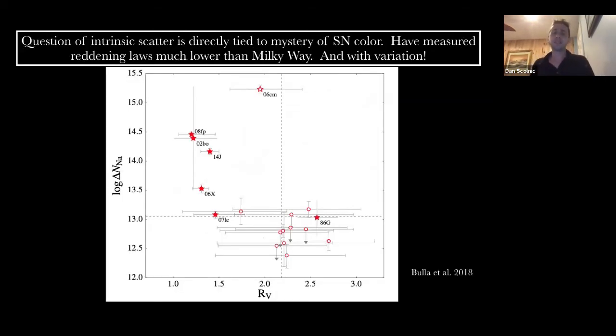All right, then there's this question of, well, what's going on with supernova colors? We know that even in the Milky Way, there's not a single R sub V reddening law ratio; in the Milky Way itself, R sub V is varying. Yet what we do in our supernova analyses is we basically fix a single correlation between supernova color and luminosity for all the supernovae.